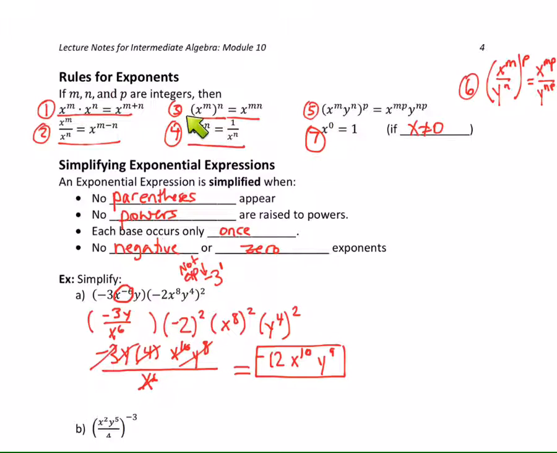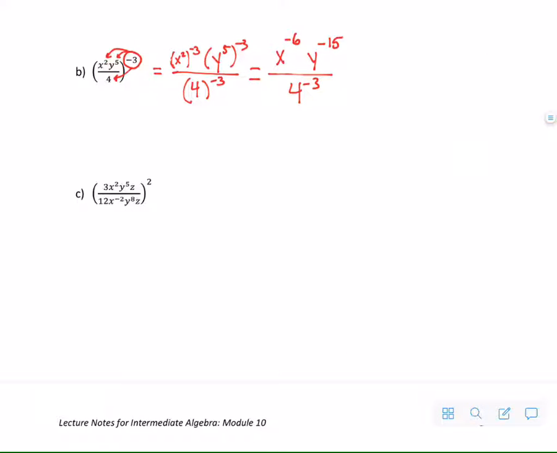The negative exponent rule says I can move this down here, move this down here, and move this up top. Okay, so on top I'll have a 4 to the 3rd. On bottom I have an x to the 6th and a y to the 15th.